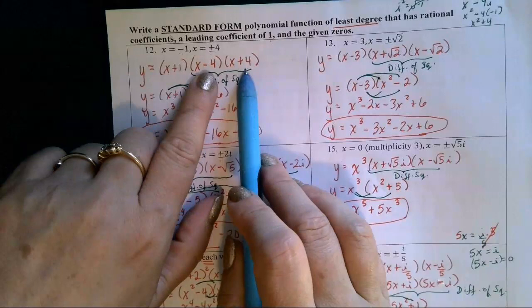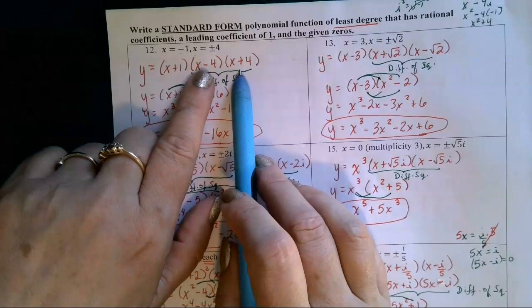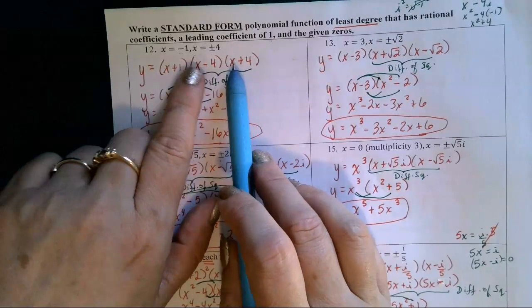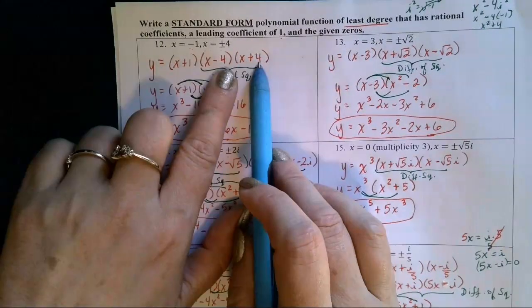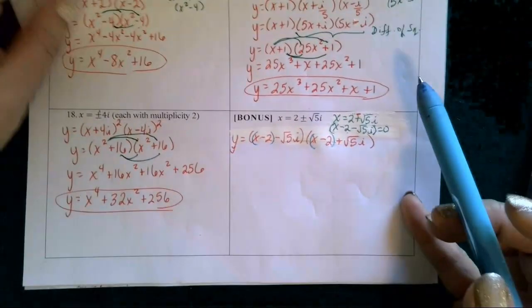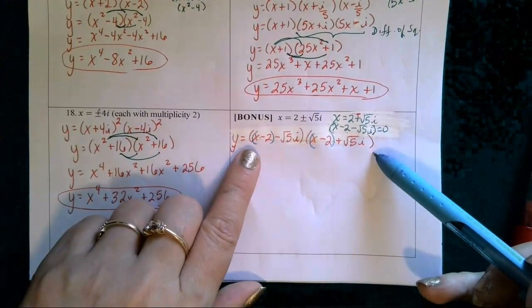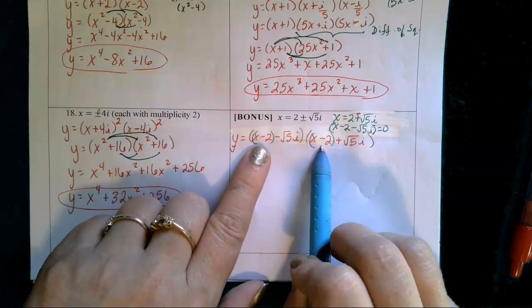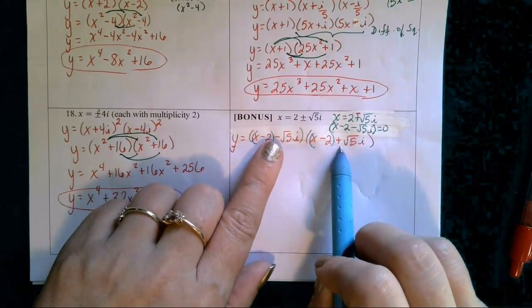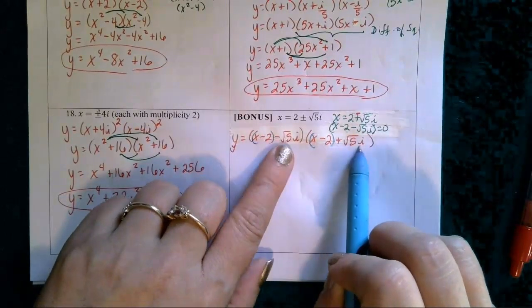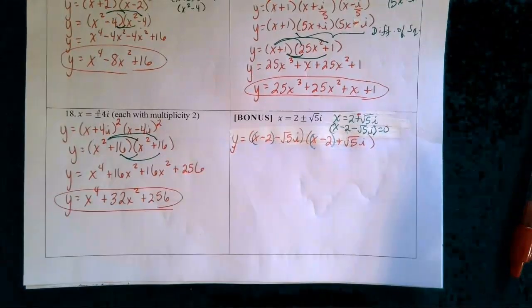We recognize that as a difference of two squares because the same terms, a and b, only in the binomials, one's a plus and one's a minus. So when you look at this example and the bonus, see how we have the same terms, a and b, x minus 2, and then a plus and minus, and then the same terms here for the b, the square root of 5 times i.